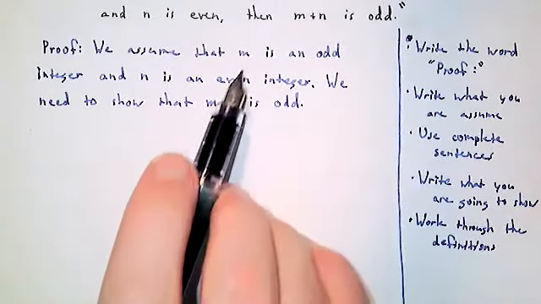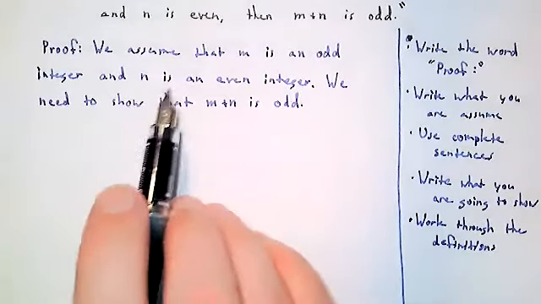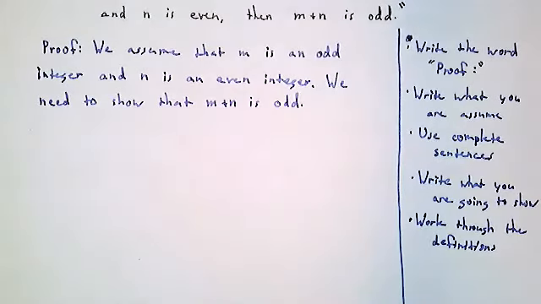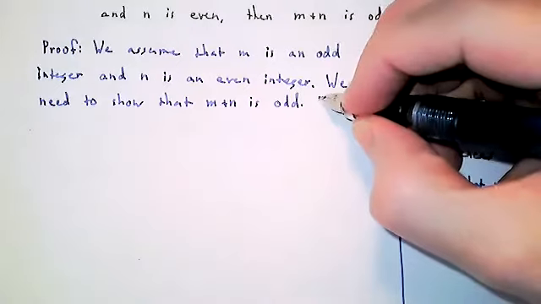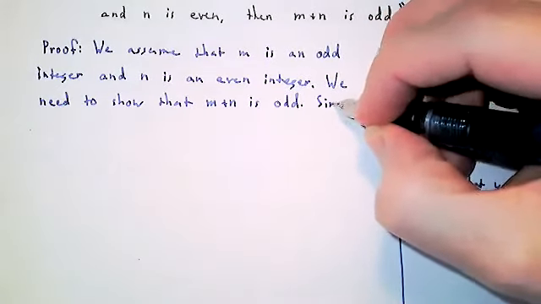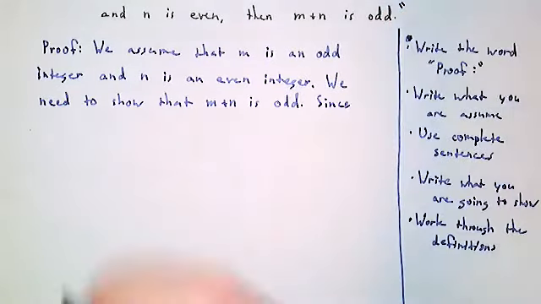In this case, we have an odd integer and an even integer. And going back to the definition, we know that means something very specific.